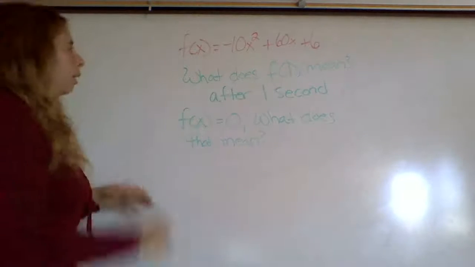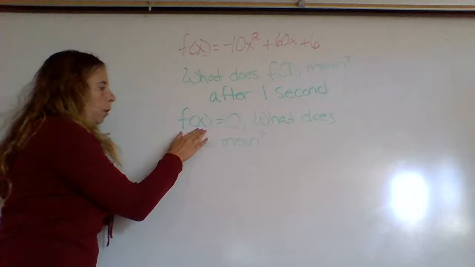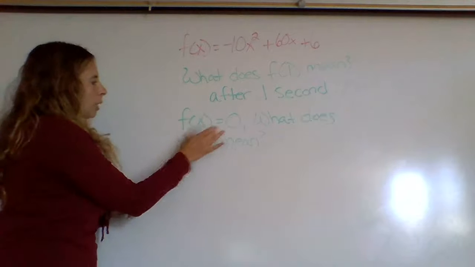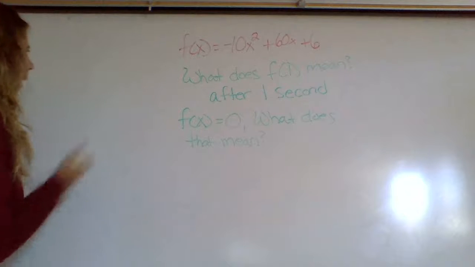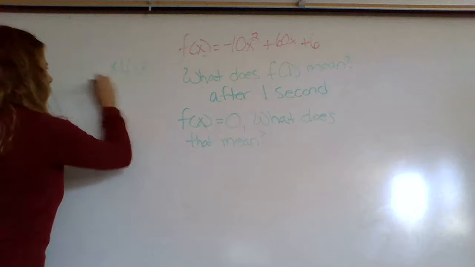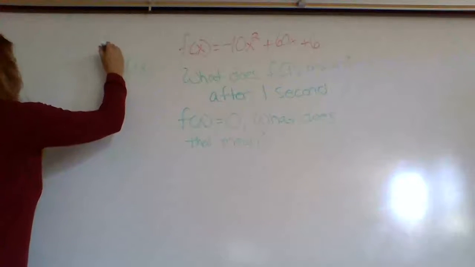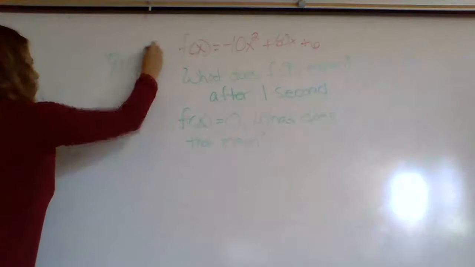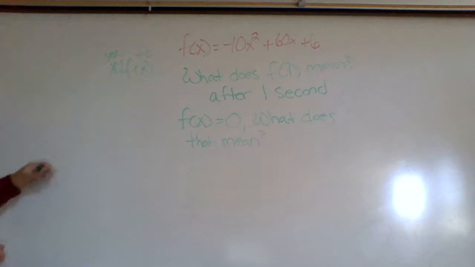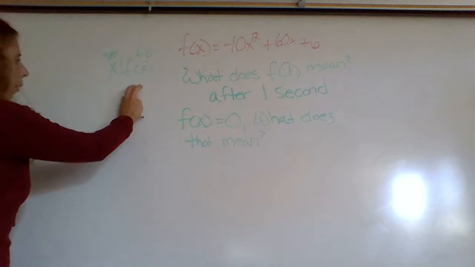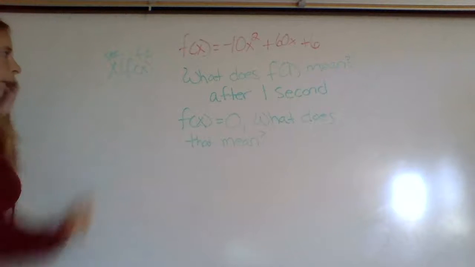This one, no, you're not substituting anything in for x. They're saying that f of x is equal to 0. If you were to make a table, it would be x and f of x, where x is seconds and f of x is feet from the ground, right? They're telling you that this is equal to 0. What does that mean for this situation? Think about it.